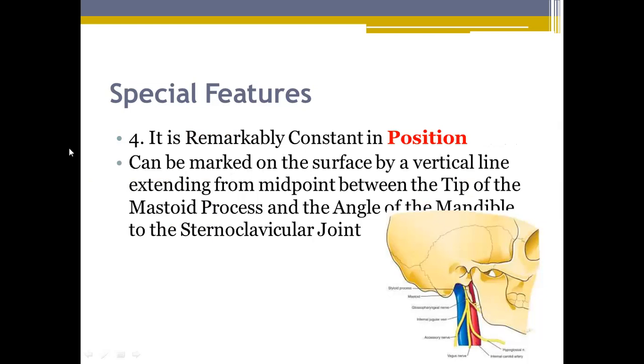The internal jugular vein can be marked on the surface by a vertical line extending from the midpoint between the tip of the mastoid process, this is the tip of the mastoid process, and the angle of the mandible to the sternoclavicular joint. So it is constant in position and it can be marked on the surface by a vertical line extending from the midpoint between the tip of the mastoid process and the angle of the mandible up to the sternoclavicular joint.